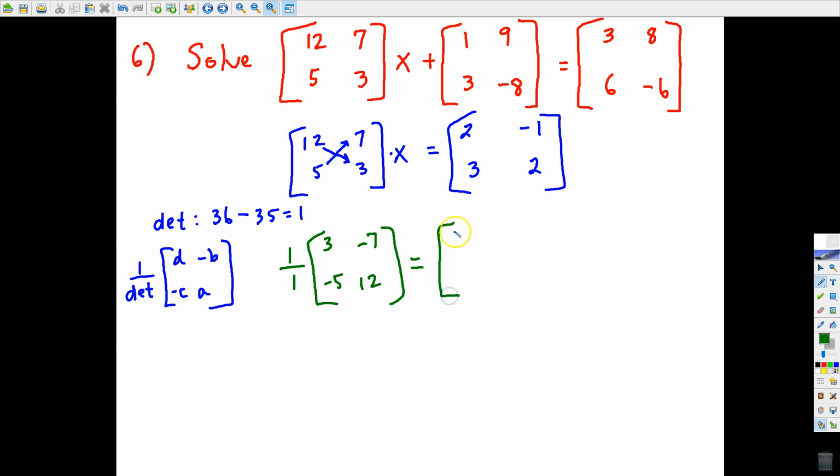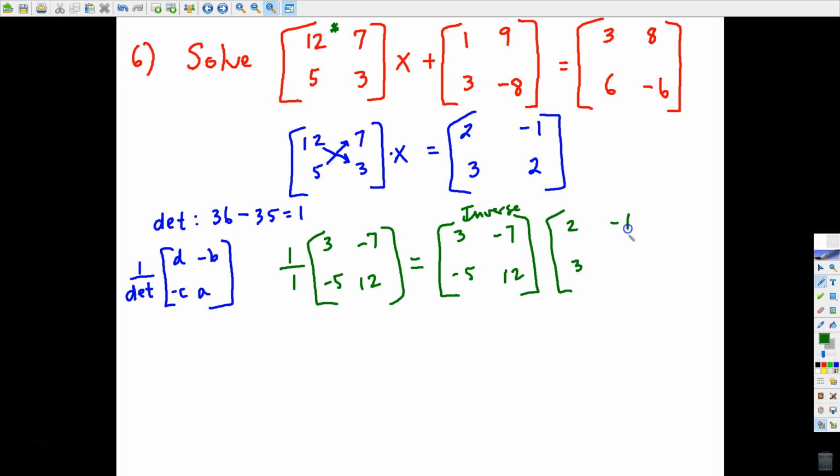So I'll just go ahead and do it. 3, negative 5, negative 7, 12. We're going to call this the inverse of this matrix in our original problem. And to get our final answer, we're going to multiply the inverse times this matrix on the right, the matrix that we got after subtracting.